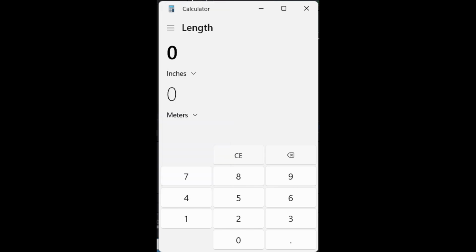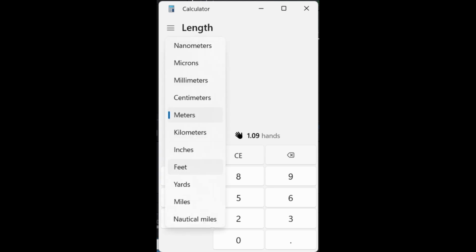You can convert inches to meters, so I could say 8 inches is 0.2032 meters. Now down here in the bottom, it's kind of interesting too. It actually shows us about equal to this many feet, this many yards, and this many hands. I have heard that. I believe horses are still to this day often referred to as how many hands tall they are.